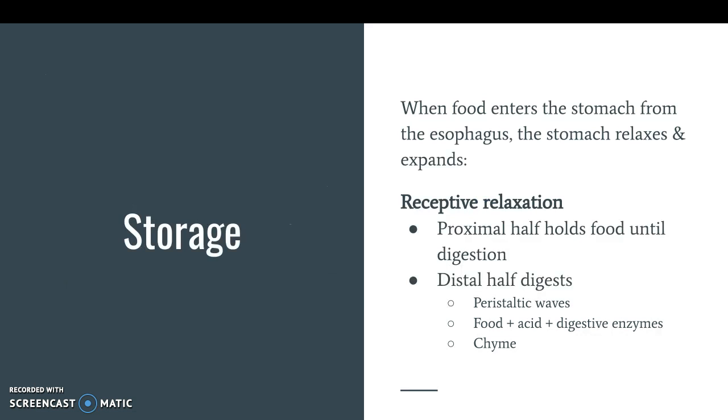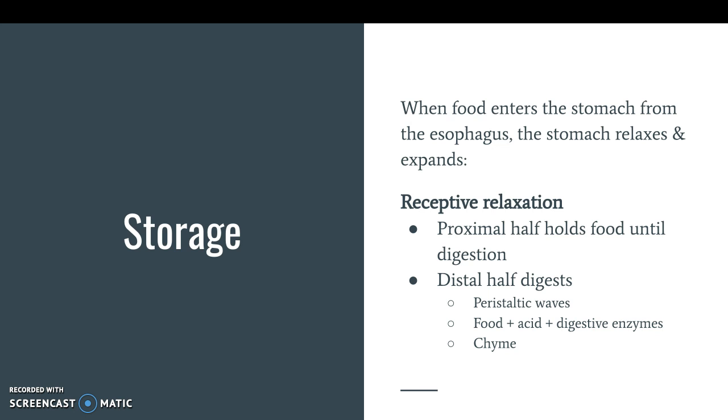And if any foreign substances or bacteria get into the stomach, this is how it protects itself. So we're going to move on to storage. I just wrote a little blurb about it there. We already understand that the stomach holds food.